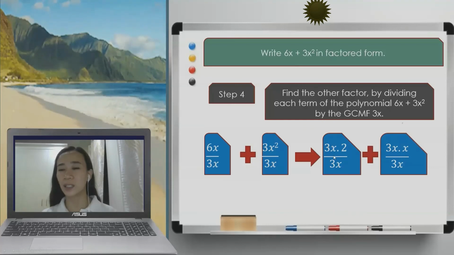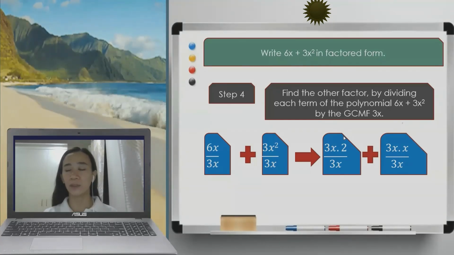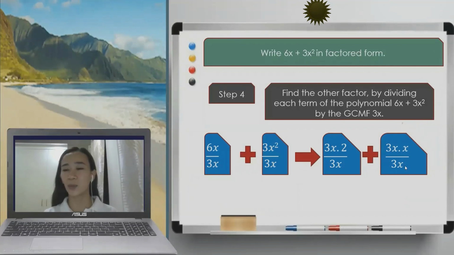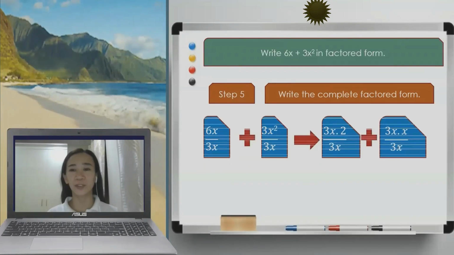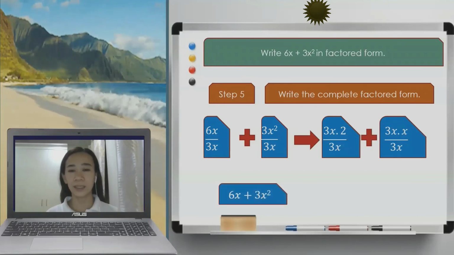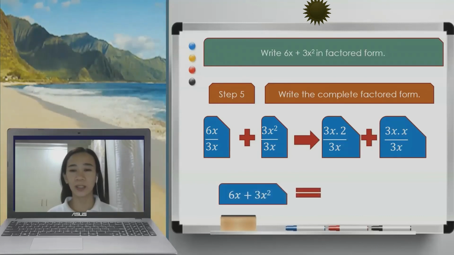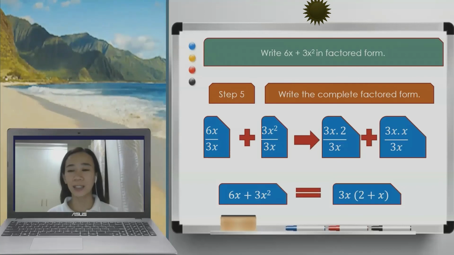Since 3x divided by 3x is equal to 1, the 2 will remain. 3x divided by 3x is 1, then the x will remain. Okay, next step, write the complete factored form. 6x plus 3x squared is equal to 3x times the quantity 2 plus x.